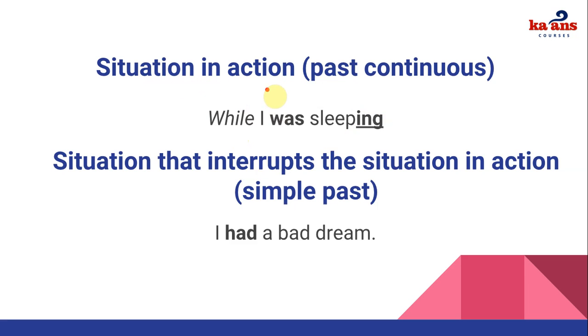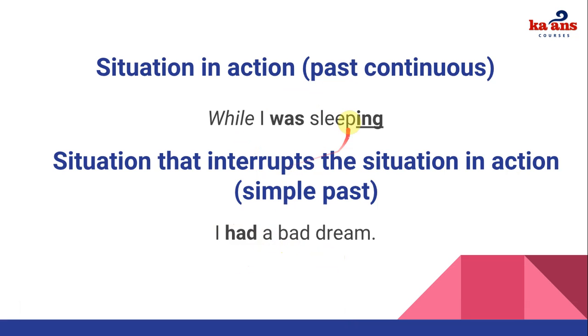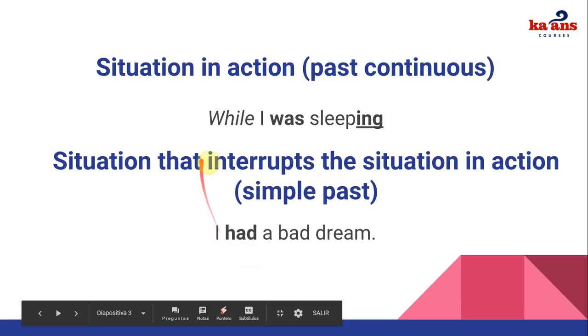Now we include a situation interrupting this action: I had a bad dream, and probably this bad dream woke you up. So while I was sleeping, I had a bad dream. This situation interrupts this action.